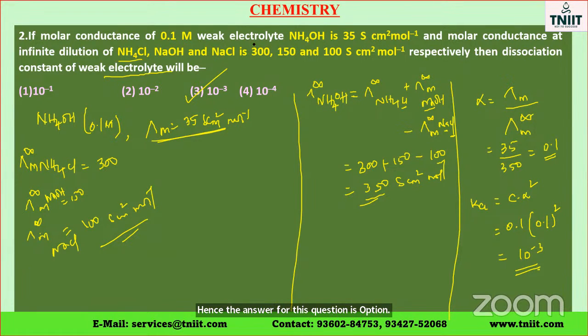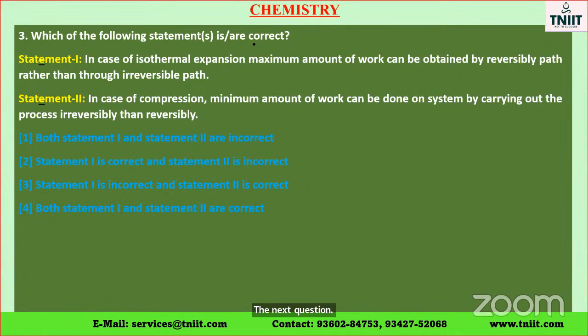The next question. Which of the following statements is correct? Statement 1: minimum amount of work can be obtained by a reversible path rather than through an irreversible path in case of expansion. Statement 2: in case of compression, minimum amount of work can be done on the system by carrying out the process irreversibly than reversibly.